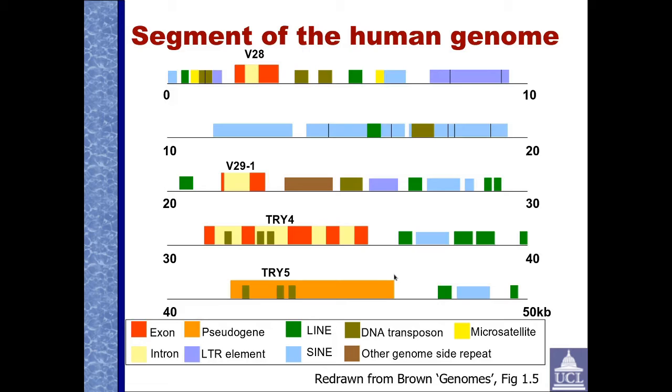And we have things like microsatellite sequences, transposons, and other types of repeats like LINE elements and SINE elements, and these make the process of identifying the coding regions, which is what we're really interested in, much more difficult.